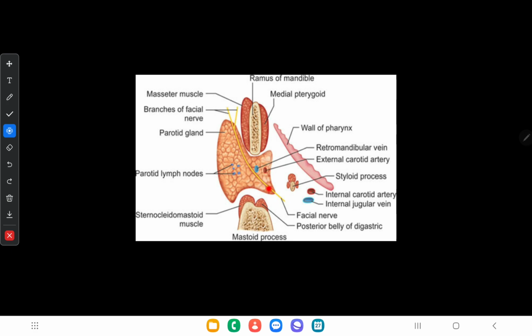The nerve and the vein constitute a plane called the faciovenous plane, which divides the gland into a superficial part and a deep part. Apart from these three major structures, the parotid gland also contains the deep group of parotid lymph nodes and the auriculotemporal nerve as well.